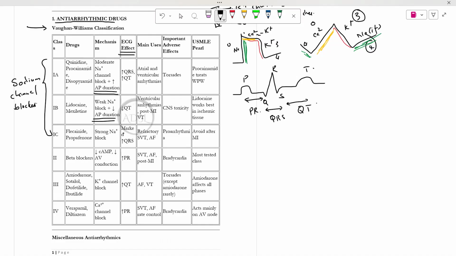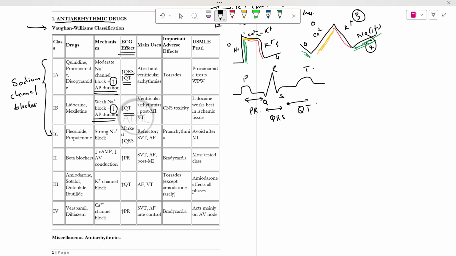The first one is going to increase the duration of action potential. The second one is going to decrease the duration of action potential. So what is the first one going to do? It is going to increase the QT. The second one is going to decrease the QT. The third one has nothing to do with action potential, so it will not do anything to the QT. The first one has moderate sodium channel block, so it will increase QRS.